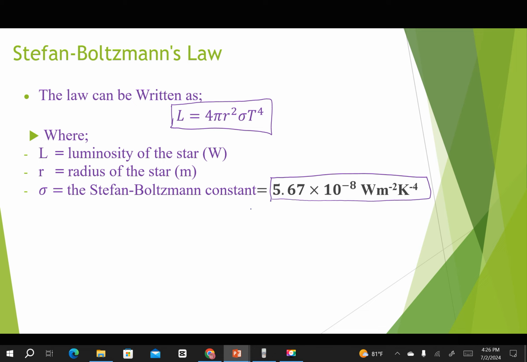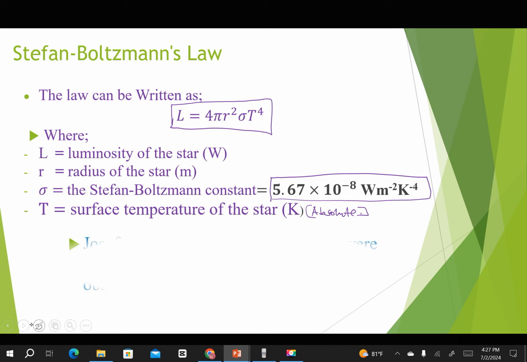This constant is also given in the list of constants. Then T is the absolute surface temperature measured in Kelvin. We should be able to use this expression in calculations.